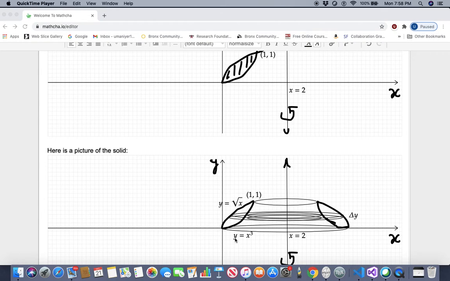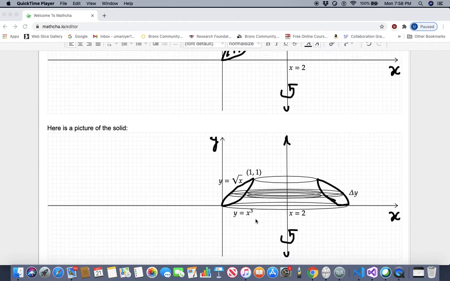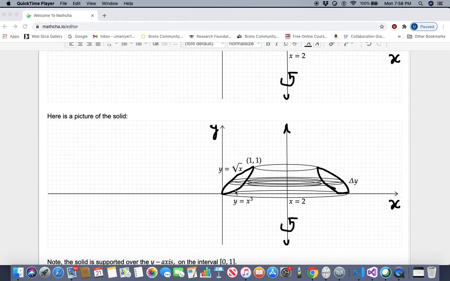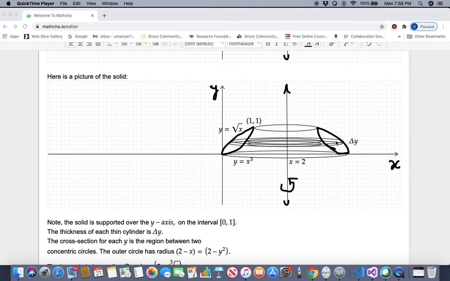This curve is y equals x to the power 3. Now, because I have rotated about a vertical line, my cross sections are horizontal, and each cross section is the region between an outer circle and an inner circle.